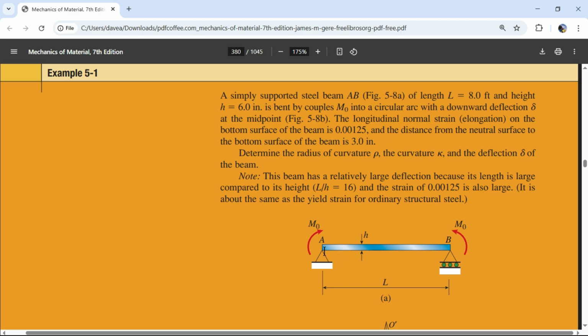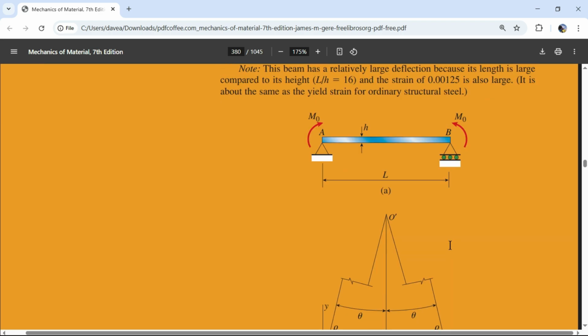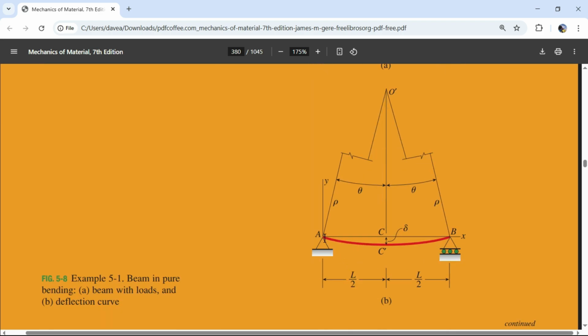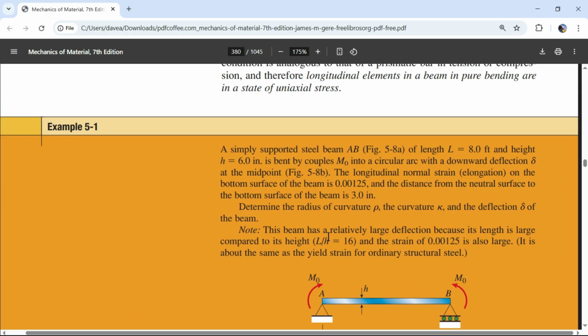And then, so we have the halfway point is the neutral axis. So the distance from the bottom, where the strain is, that elongation, to the center is 3 inches. Okay, so now it says determine the radius of curvature. And it should just be geometry. Like, hey, this arc length on the lower surface is the original length plus this percent change in length.